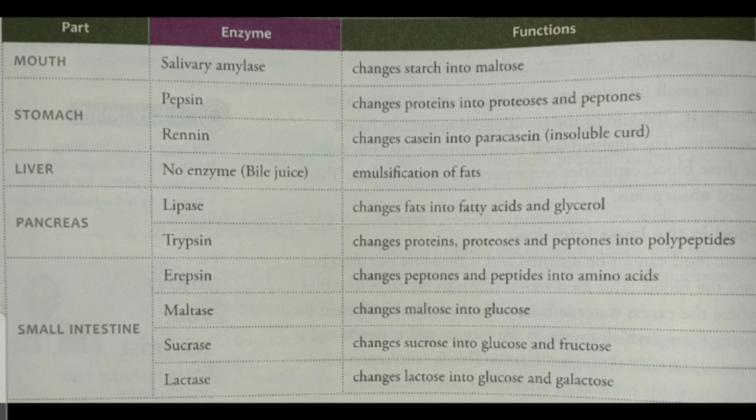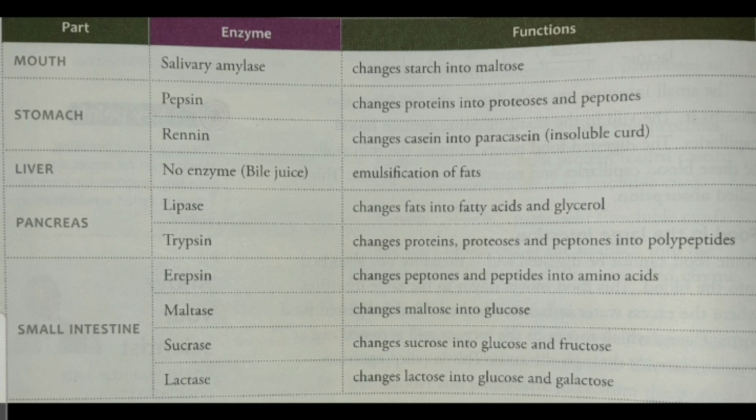The next one is sucrase. Sucrase is also an amylolytic enzyme that changes sucrose, the disaccharide, into glucose and fructose. These are monosaccharides. The next example is lactase. The function of lactase is to change lactose, or milk sugar, into glucose and galactose. So these are all the enzymes.